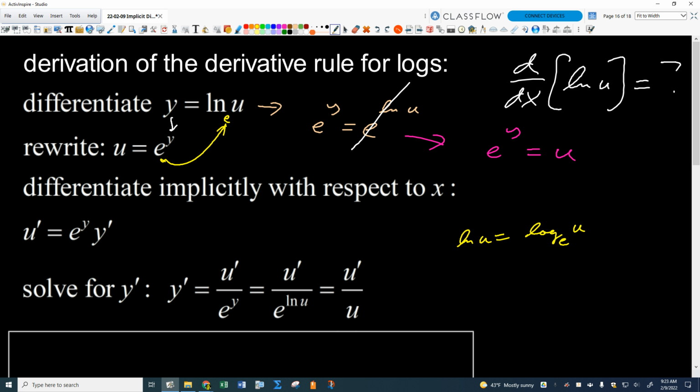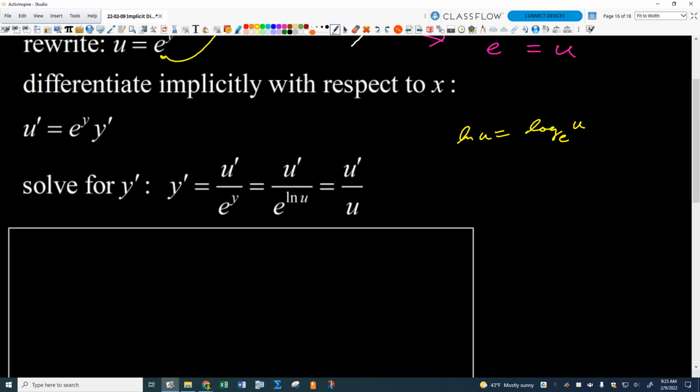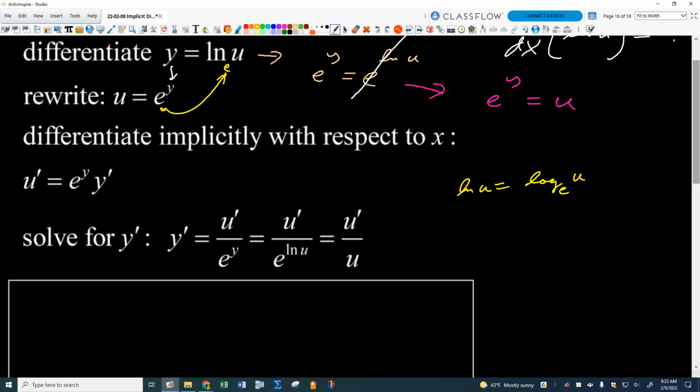Well, we do know how to differentiate that, don't we, right? That's no big deal. If I implicitly differentiate both sides of this, I'm going to get a u prime on one side. On the other side, I'm going to get the derivative of e to the hand is e to the hand times the derivative of hand, which would be a y prime, right?